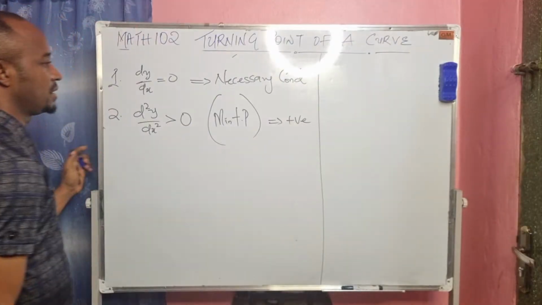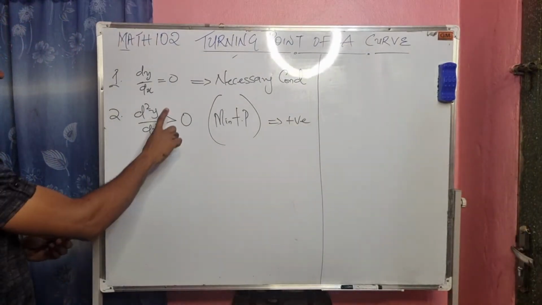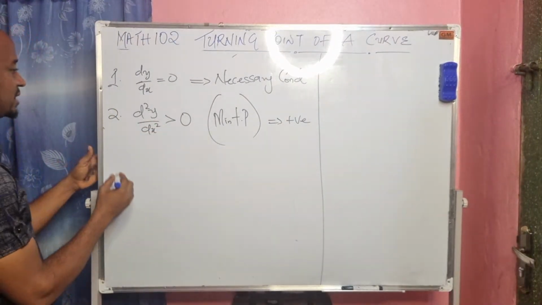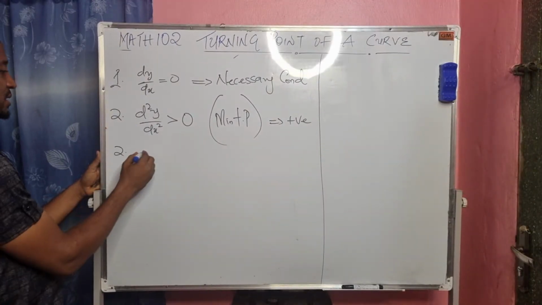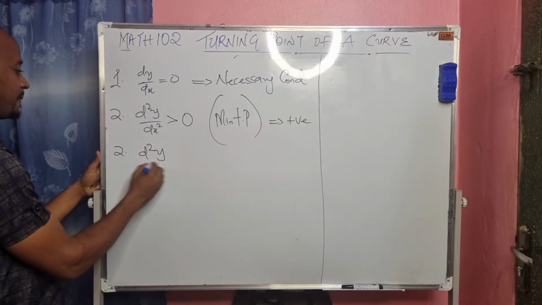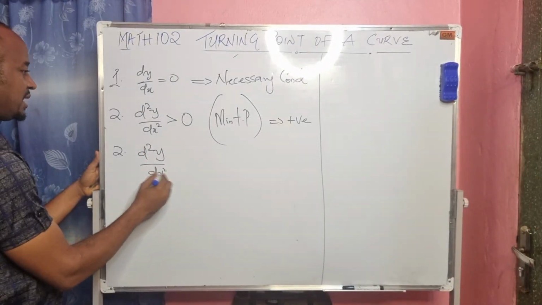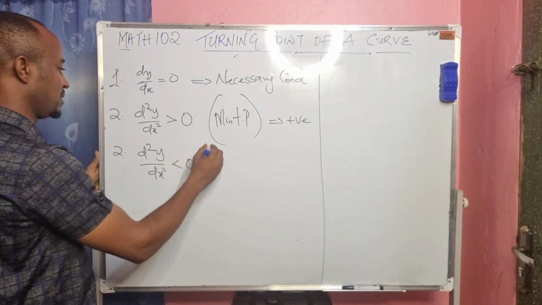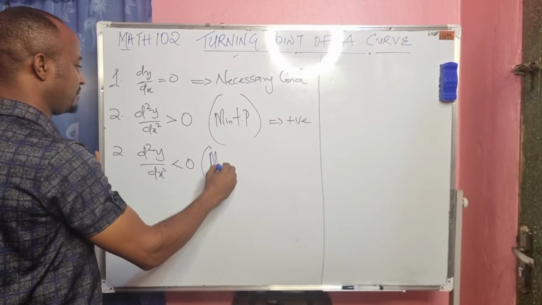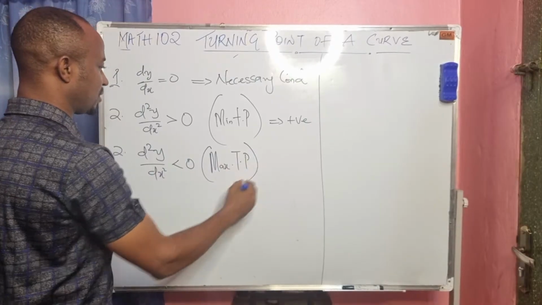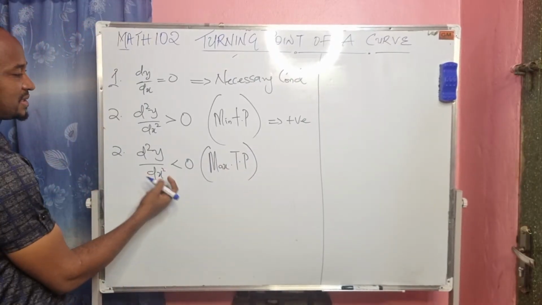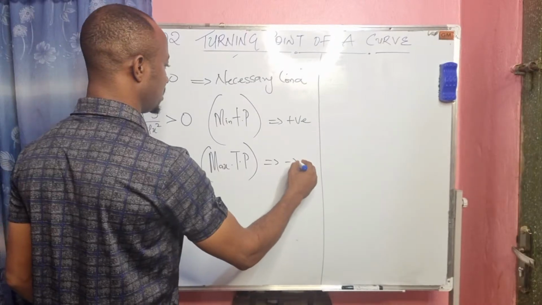Please take note: all numbers greater than 0 are positive numbers. The second part we also consider is that whenever d2y/dx squared is less than 0, we obtain a maximum turning point. And don't forget that numbers less than 0 must be negative.